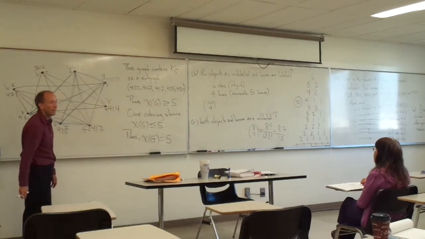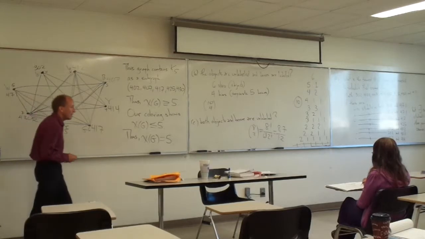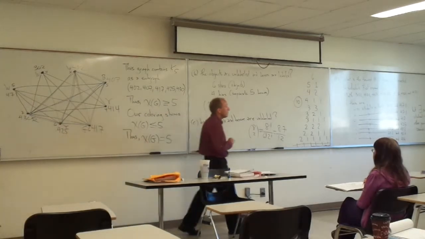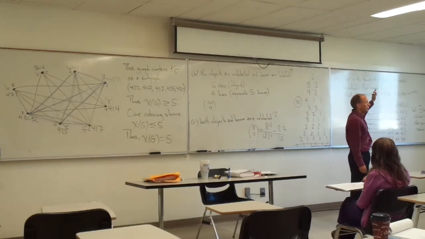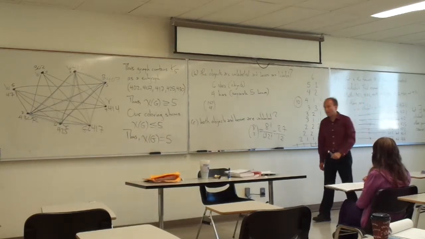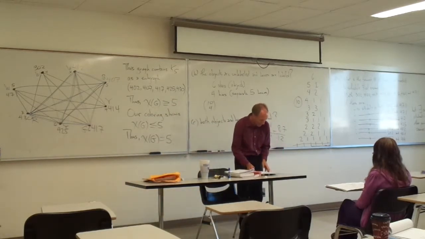Okay? So that's kind of how you would want to argue it. 5 times 5, that's what you have to have. But the first step is just recognizing that this is a chromatic number problem. It doesn't actually say it that way. It doesn't tell you that in the question, so you have to deduce that sort of for yourself.